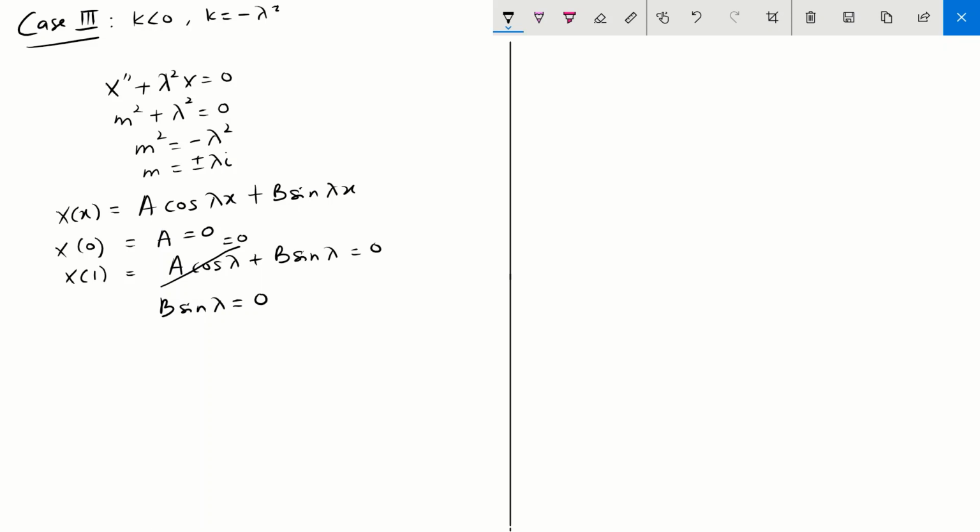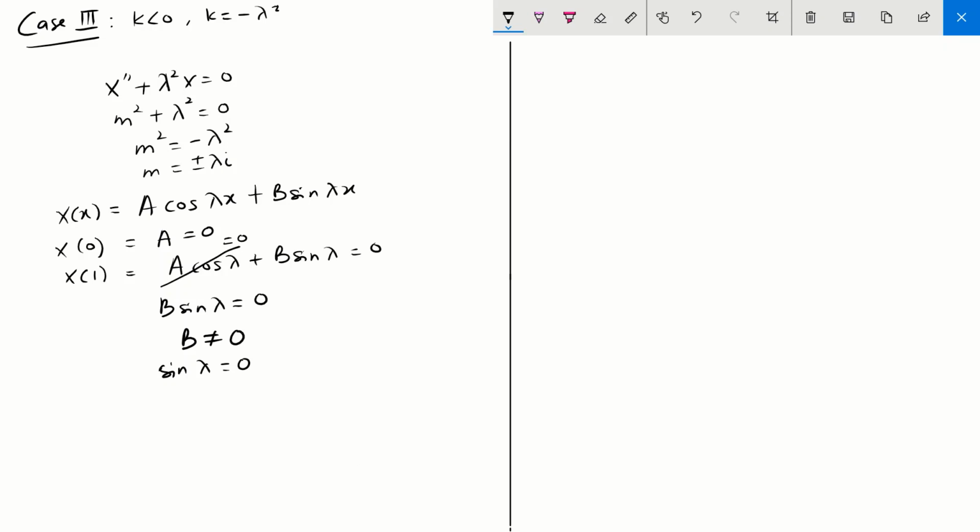Since we want to avoid the trivial solution again in case k negative, we cannot simply let B equal 0, since then we would get a trivial solution. This is not what we are seeking. We don't want a trivial solution. Therefore, the only solution is when sin lambda equals 0.